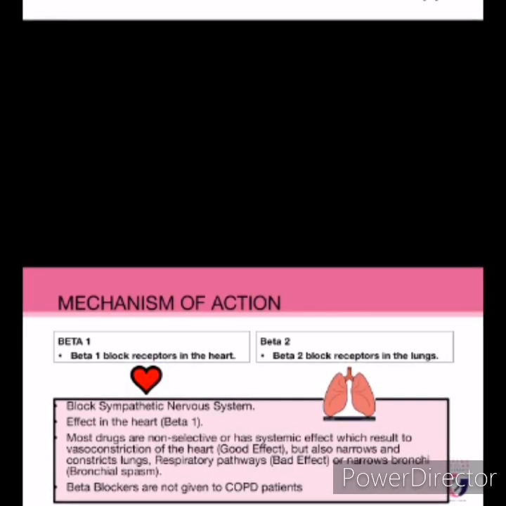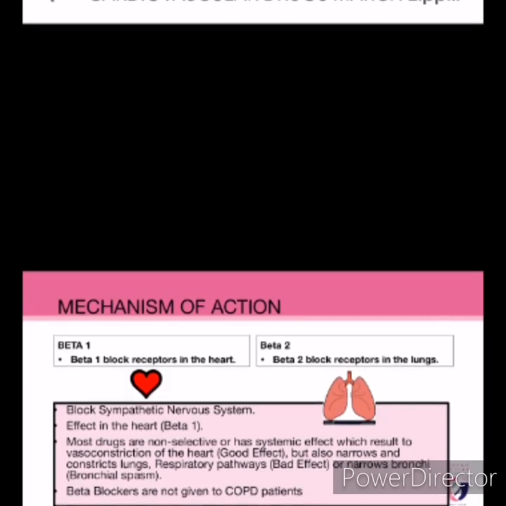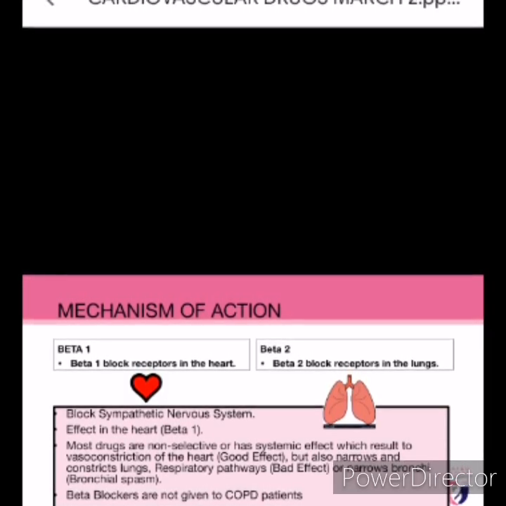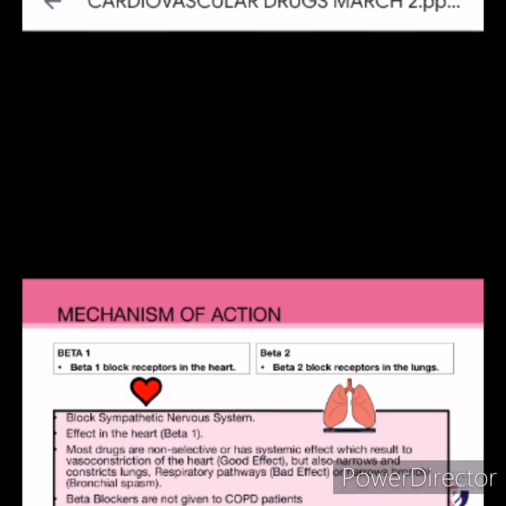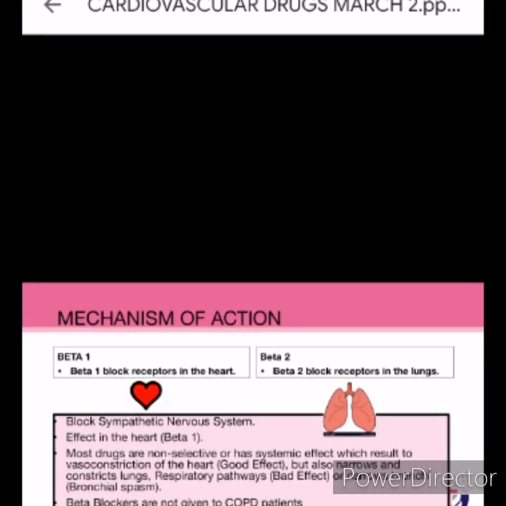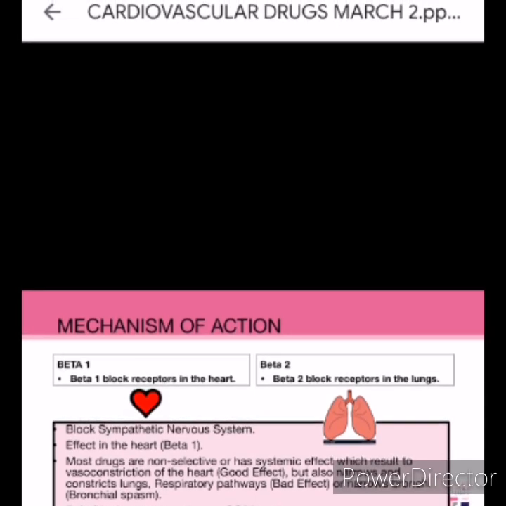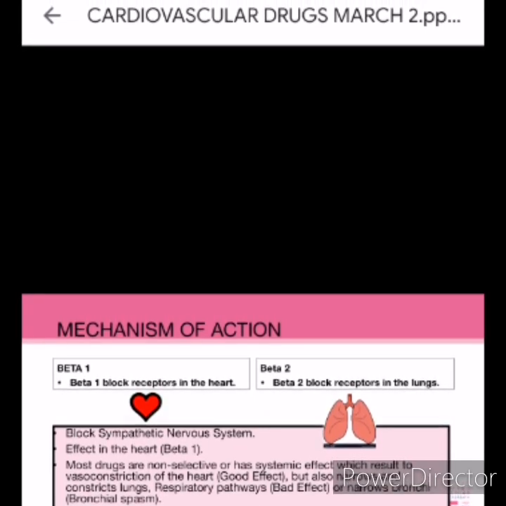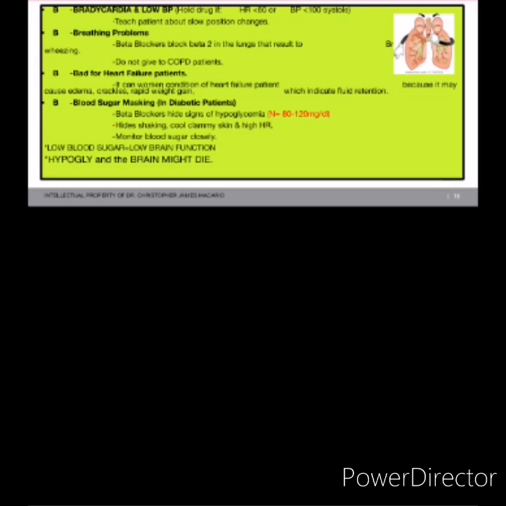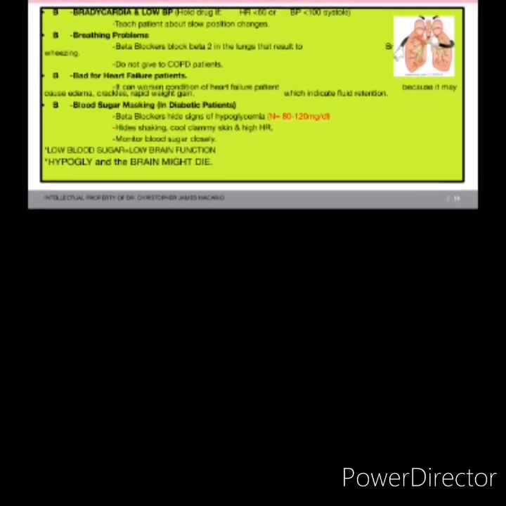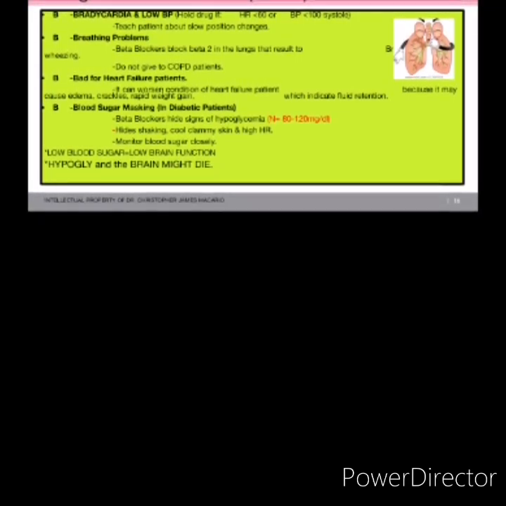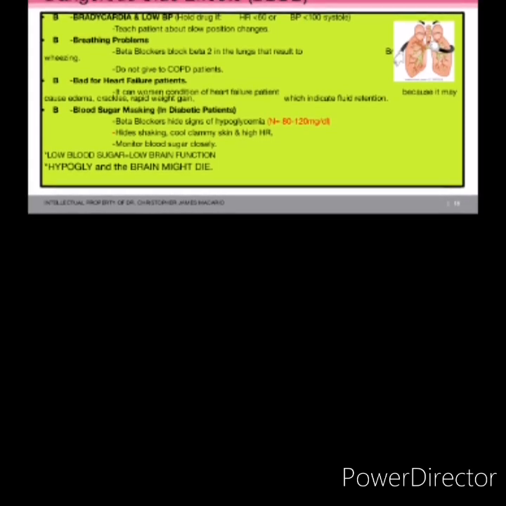Bakit? Kasi nga, yung COPD patients, yun mismo yung problema. Narrowed bronchi or meron silang bronchial spasm. And by giving this medication, we worsen the COPD. The dangerous side effects include, remember this, BBBB or 4Bs.